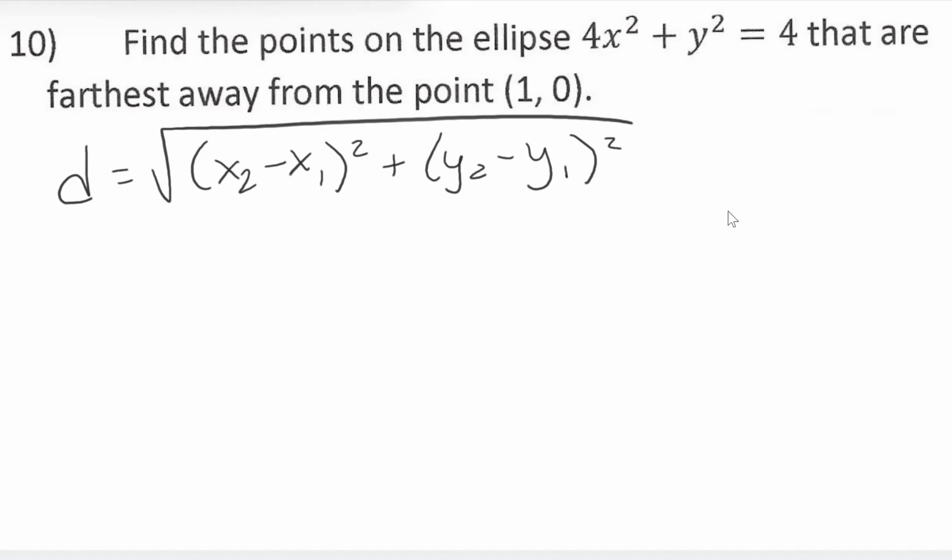So I basically need to figure out which all the pieces are in terms of x. So I've got, make x2 just x. We've got x1 is 1. We've got y squared, which I've got to solve. So y2 will be y, and y1 will be 0.